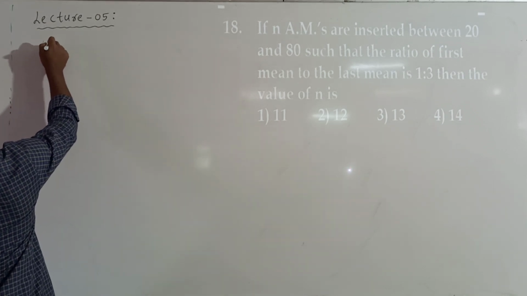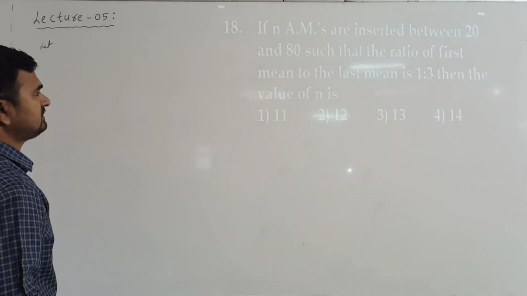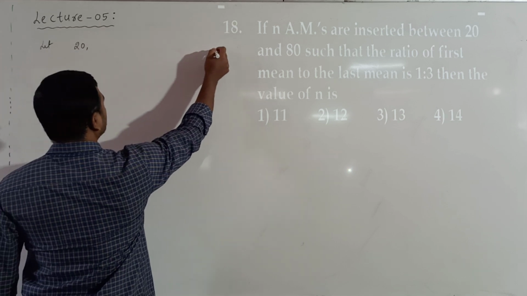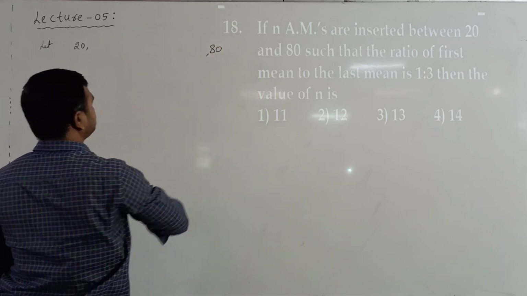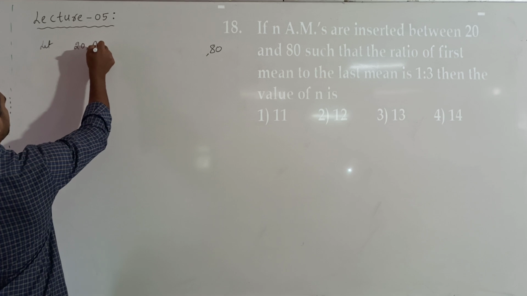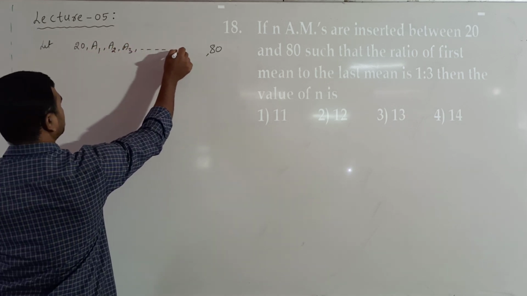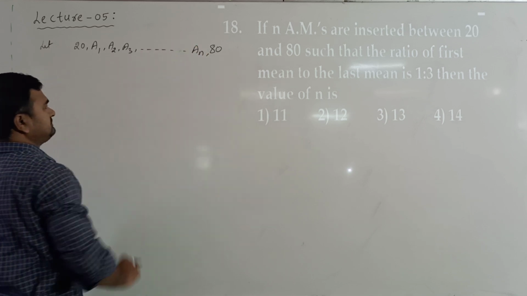So we are inserting n arithmetic means between 20 and 80. In between 20 and 80, we are inserting n means A1, A2, A3 up to AN.